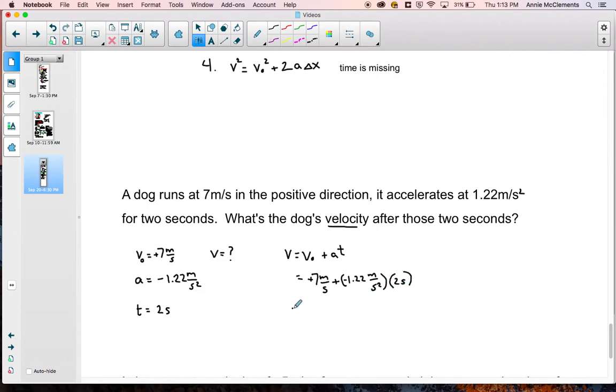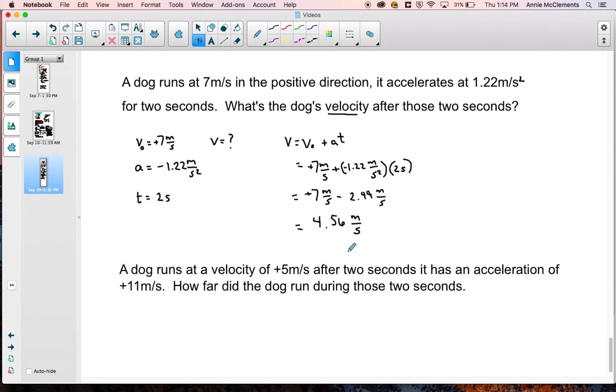So that's going to be 7 meters per second minus 2.44 meters per second. That means my final velocity is going to be, some mental math here, 6.56, I believe, meters per second. Okay, so just by selecting the correct equation, this starts to be simplified.